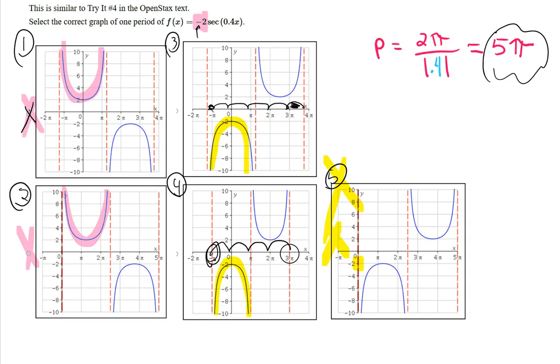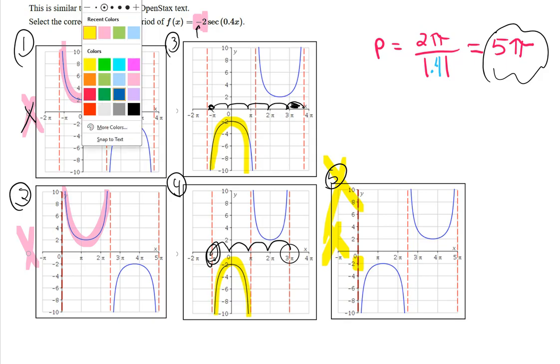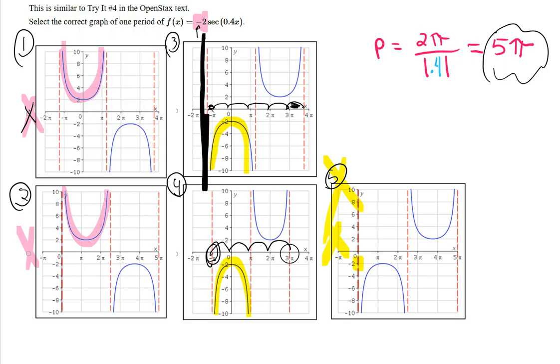So, with all the color, I hope you understand what I'm saying, because for 5 pi, the period has to go from here to this dash line to that dash line, because you're going to get this hump and this hump.